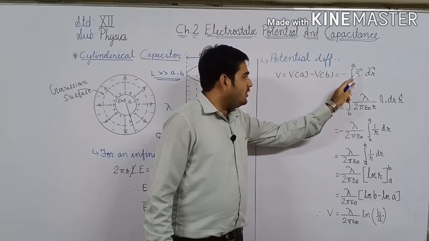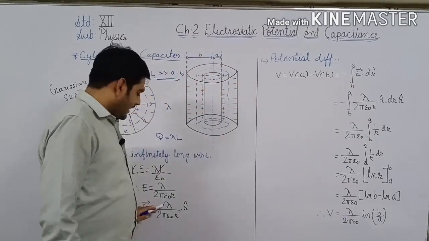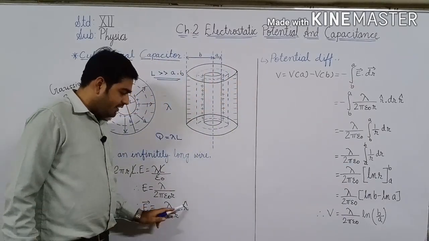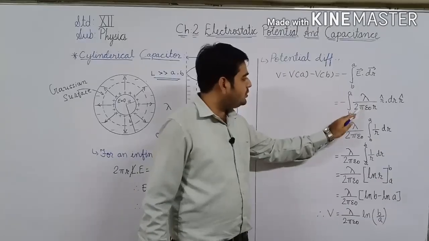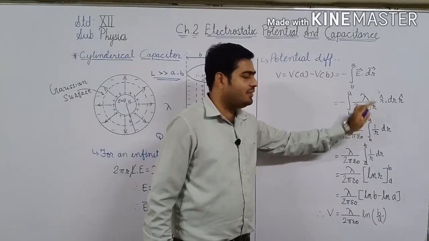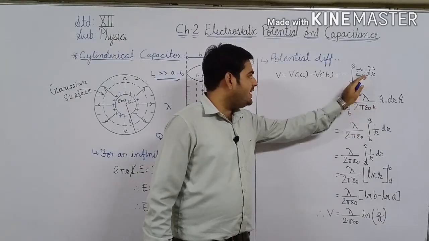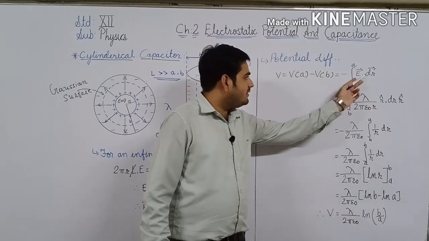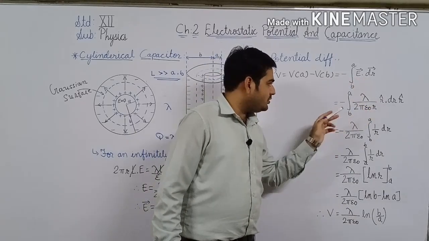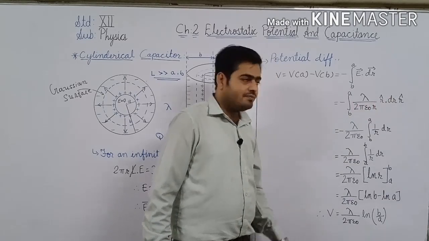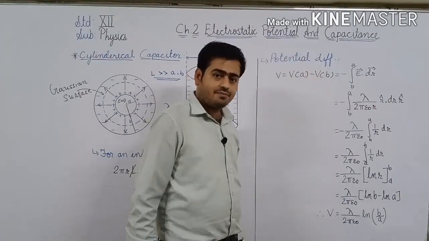Now what is the value of E vector? E vector is nothing but lambda upon 2 pi epsilon naught R into R cap, into dr vector. Dr, that is displacement, is also radial, dr into R cap.